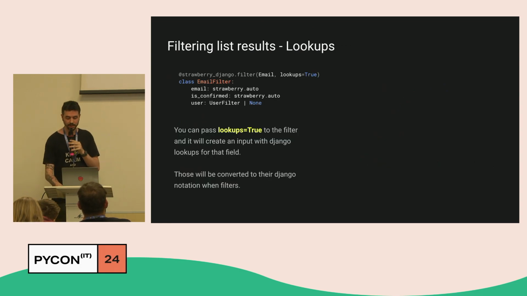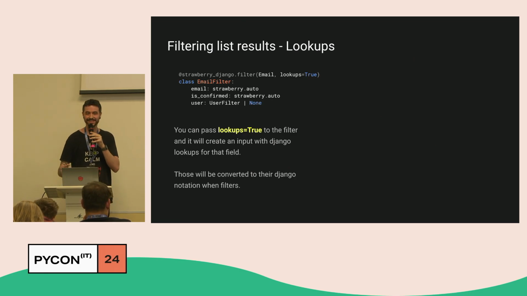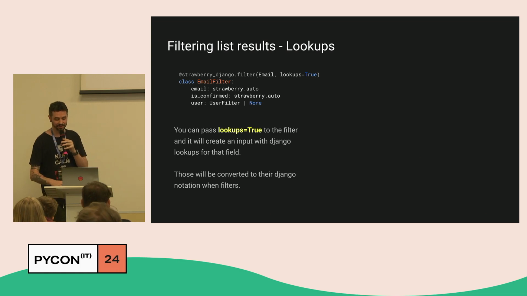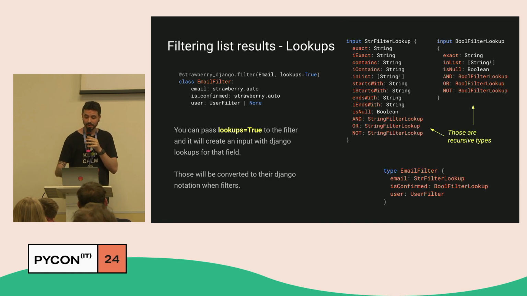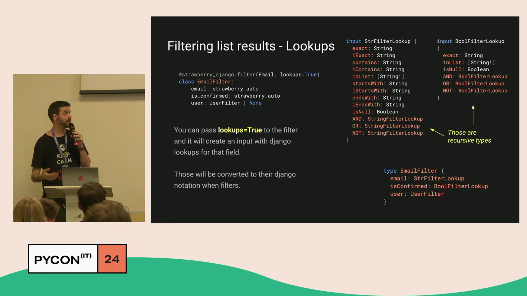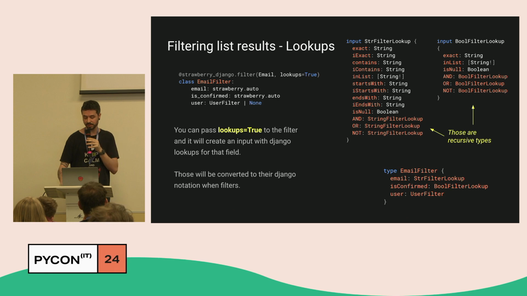And yeah, because I am running out of time a bit, I'm going to skip this part about lookups. But if you have questions, we can talk more later, and I can give more examples in person. But there is a way to use the Django lookups inside the filters as well.